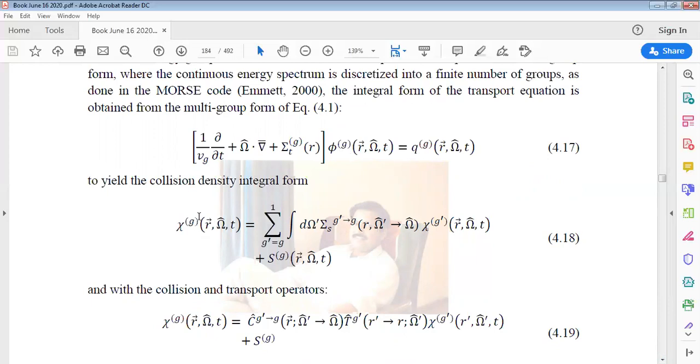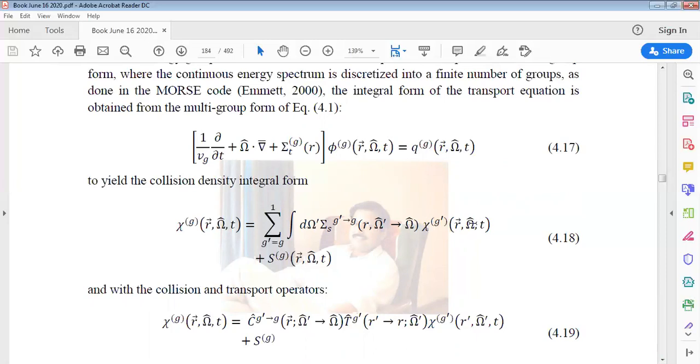So this is the collision density equation for group G. And again, this is our phase space of interest. Chi of G has a direct contribution from the source, S_G, in the same energy group, plus the indirect contribution of neutrons which had a collision density in some other energy group, where the energy was G prime.